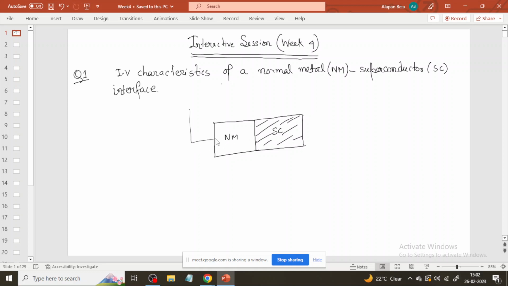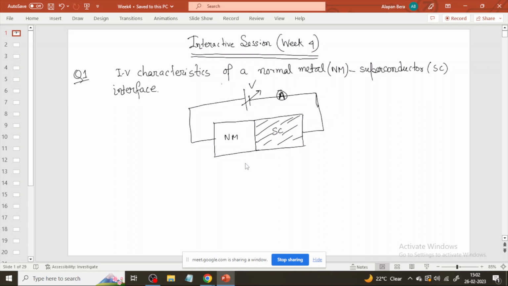We have to apply a voltage across this junction, and at the same time, we also want to measure the current. So we're basically trying to do a two-probe measurement on the normal metal superconductor interface. Now, what happens when we do this?